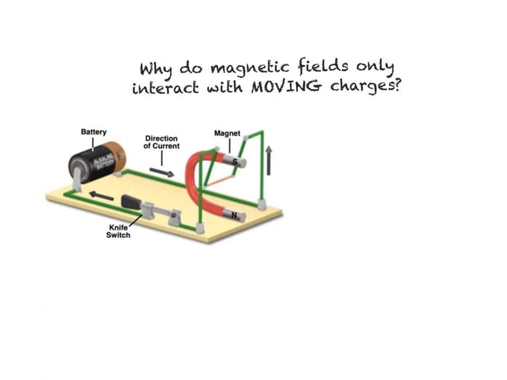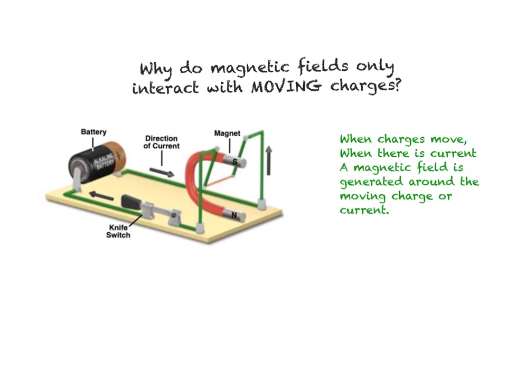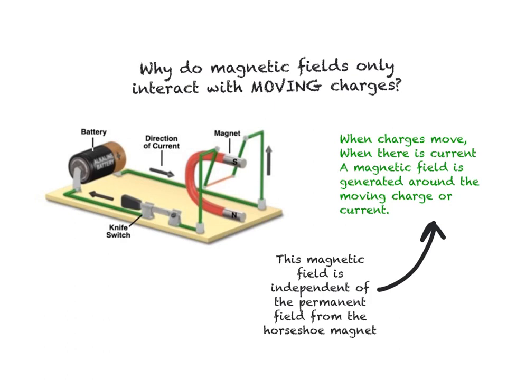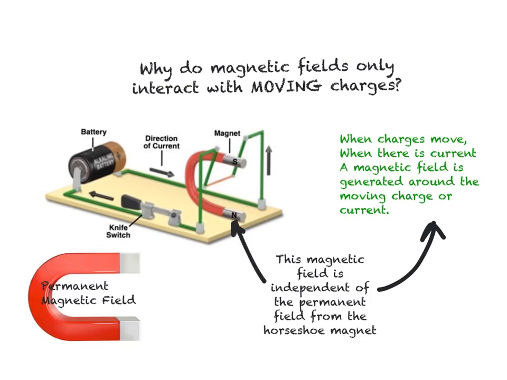At this point, we've established that when charges move, in other words, when I have a current, a magnetic field is generated around those moving charges or around that current carrying wire. This magnetic field is independent of the permanent magnetic field. What that basically means is that the permanent magnetic field is interacting with the magnetic field generated around the current carrying wire.